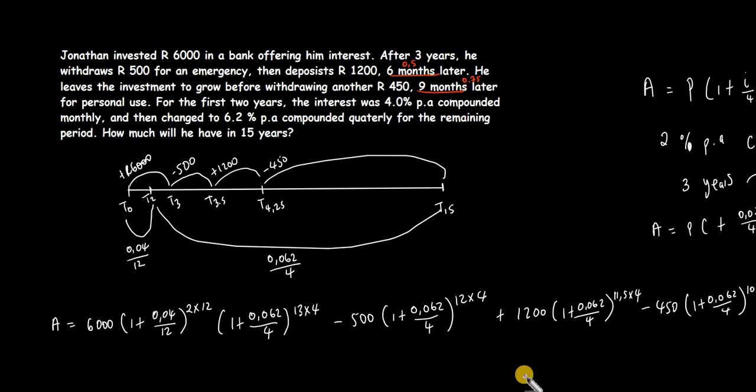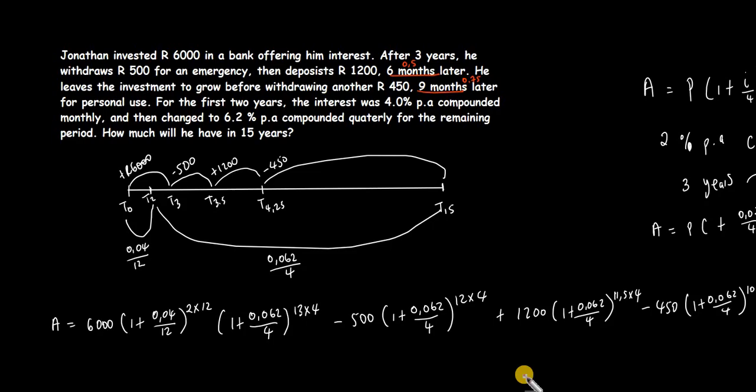So if you put that in our calculator, 600 into 1 plus 0.04 over 12 to the power 24, right? And then 1 plus 0.062 over 4 to the power 13 times 4.